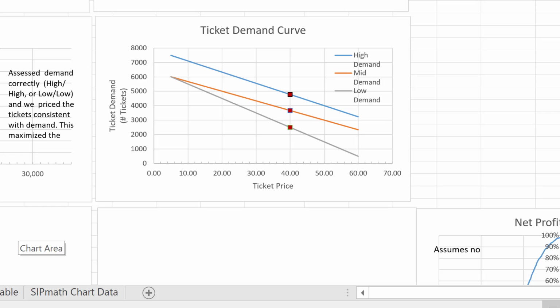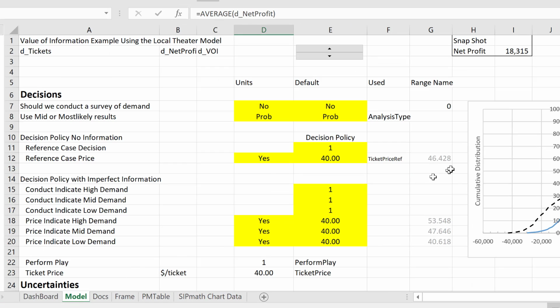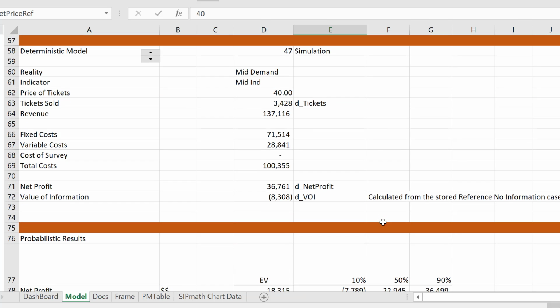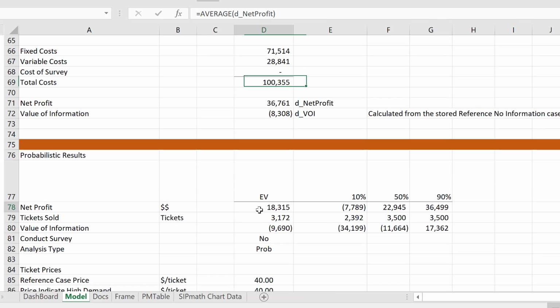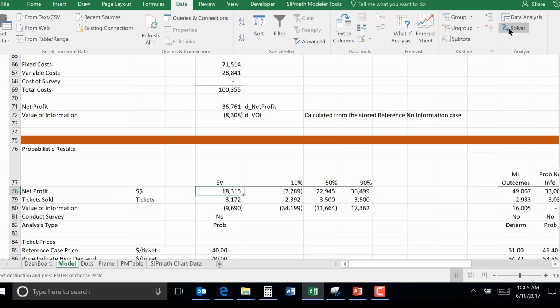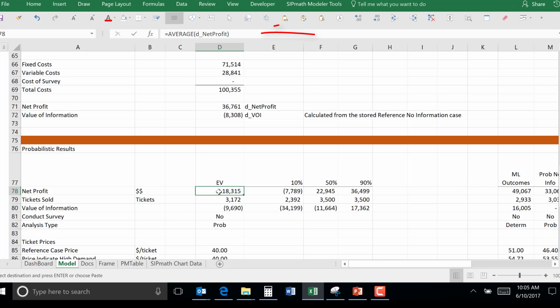So now let's optimize our model. What we want to do is to change this ticket price to maximize our expected value down here. So we go to Data, Solver, and remember this net profit down here is not a single number. This is an average of 1,000 things.